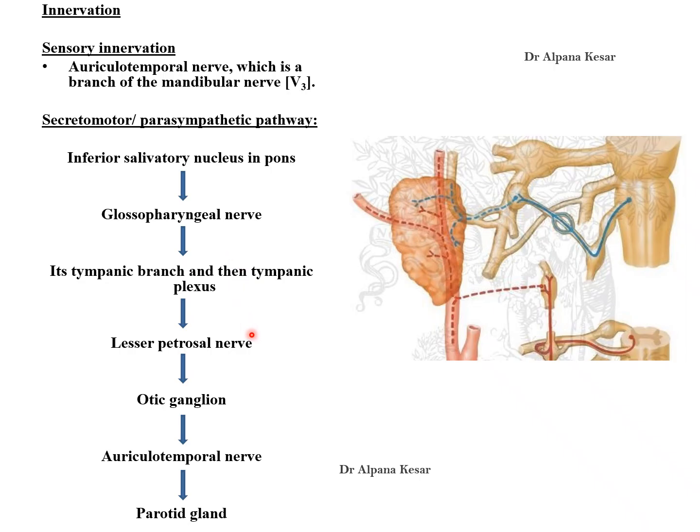The fibers then pass into the lesser petrosal nerve and to the otic ganglion. The preganglionic fibers will relay into otic ganglion. Postganglionic fibers arising from the otic ganglion will pass into the auriculotemporal nerve to get distributed to the parotid gland and thus control the secretions of the parotid gland.